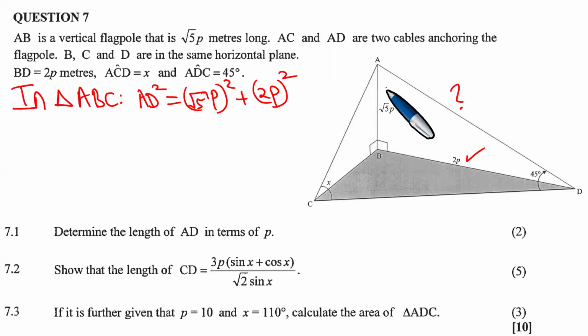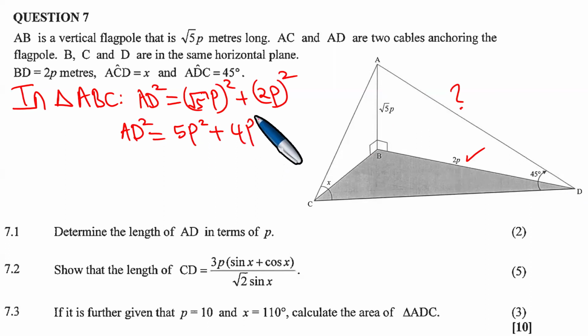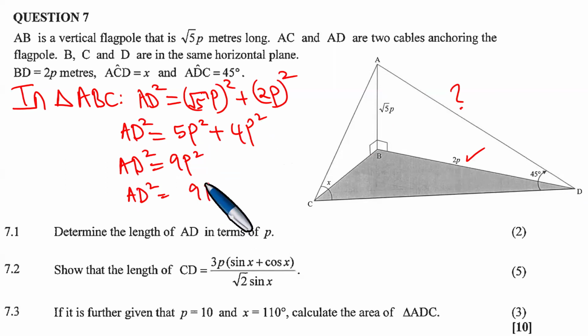The square on the hypotenuse is the sum of the squares on the other two sides. So AD squared equals, what is the square root of 5 if we square it? We have 5p squared plus, if you square the 2, you get 4p squared. Meaning AD squared equals 5 plus 4, which is 9p squared.